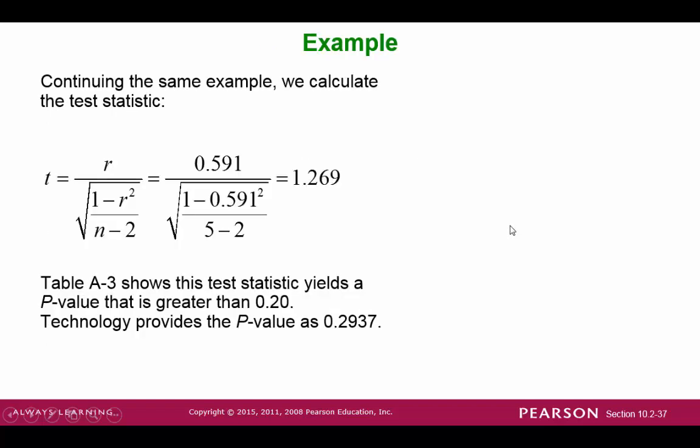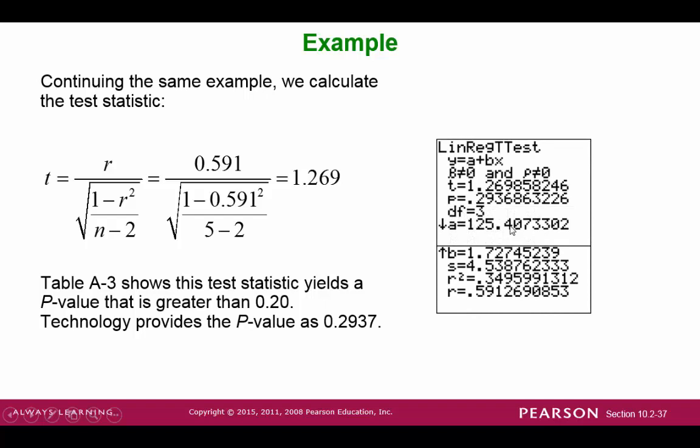And so doing it by hand, you would first have to find the t-value, that's a t-test statistic, and then from there find the p-value. Well, you don't have to go through this formula, or you don't have to go through table A3, because you can find that in your calculator. And in our calculator, the t-value and the p-value are the first two values that they give in this linear regression t-test.